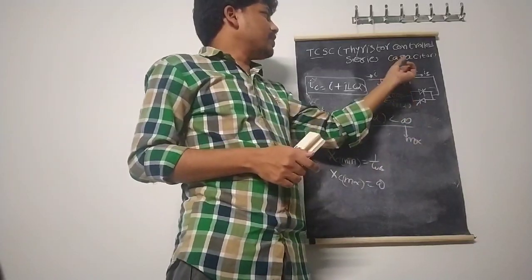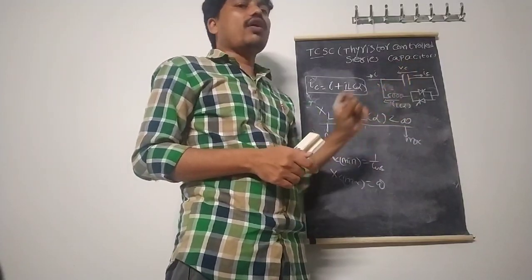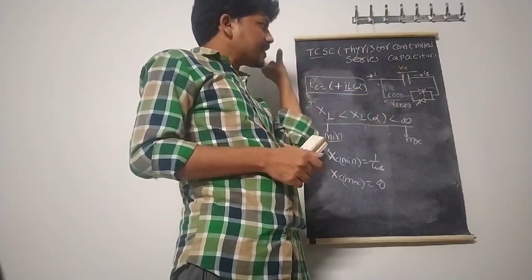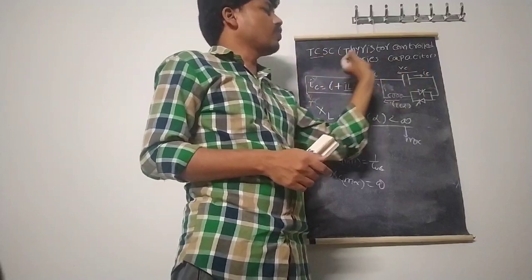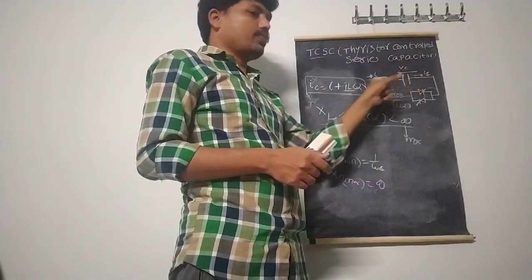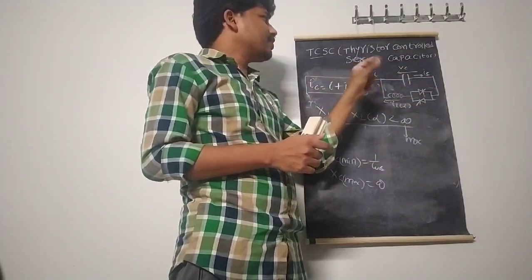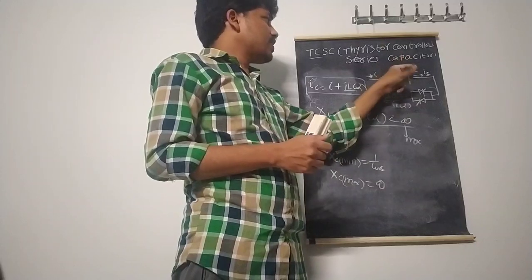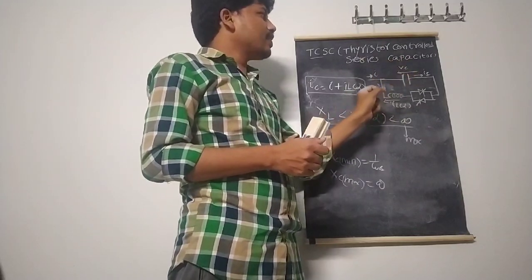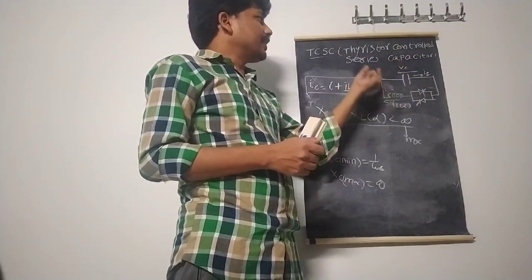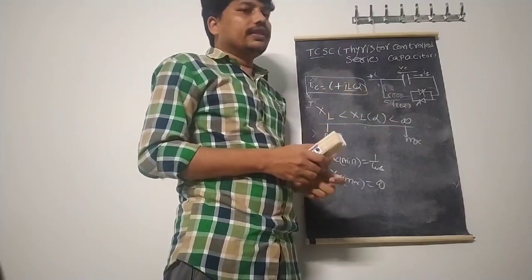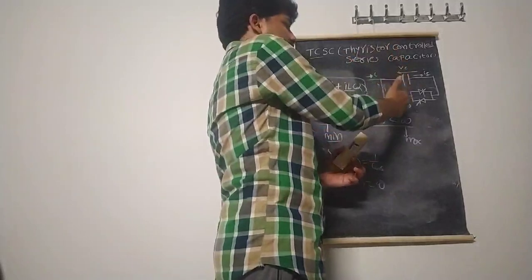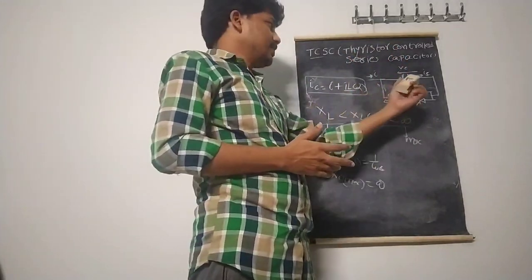We can also observe the fundamental concept of a capacitor: the voltage polarity of the capacitor and the current polarity are always opposite. Voltage is in this direction, capacitance current is in this direction. It is towards the left side, it is towards the right side in this circuit. So the capacitance current and capacitance voltage are opposite. And also the capacitor voltage and inductor current are in opposite directions as per the circuit.